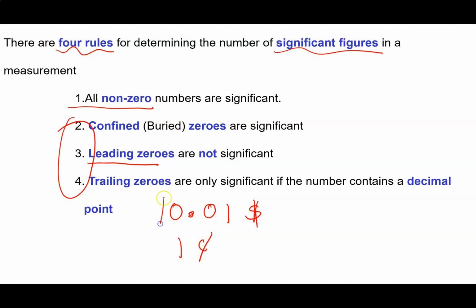Now, you wouldn't want to say that this one has 3 significant figures, therefore it's a better measurement than this one, because they're both saying exactly the same thing. So because we can get rid of leading zeros by changing units, in the metric system, in the international system of units, leading zeros are not significant.